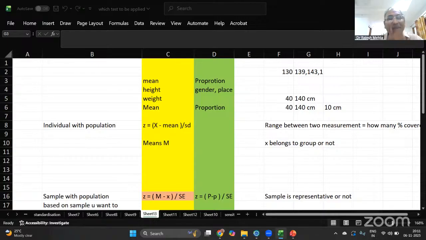So now, if I tell you that a person having 155 centimeter height, does it belong to this group or not? Yes or no?